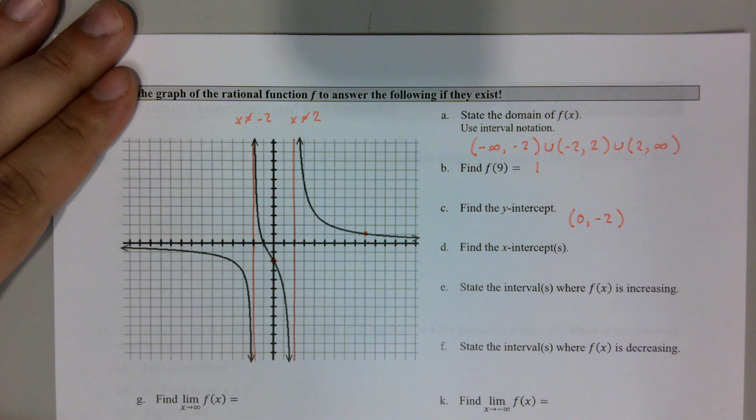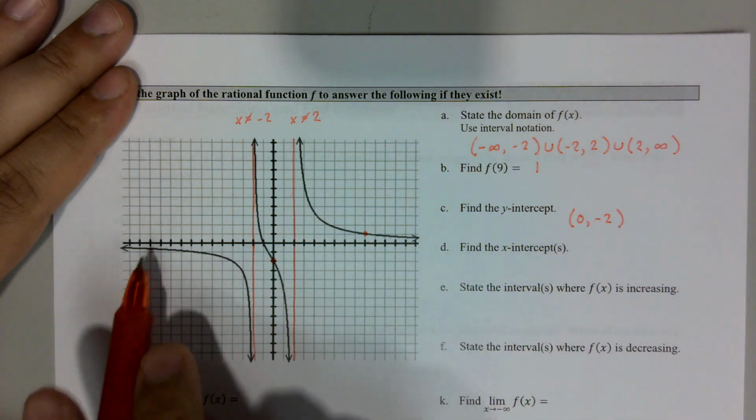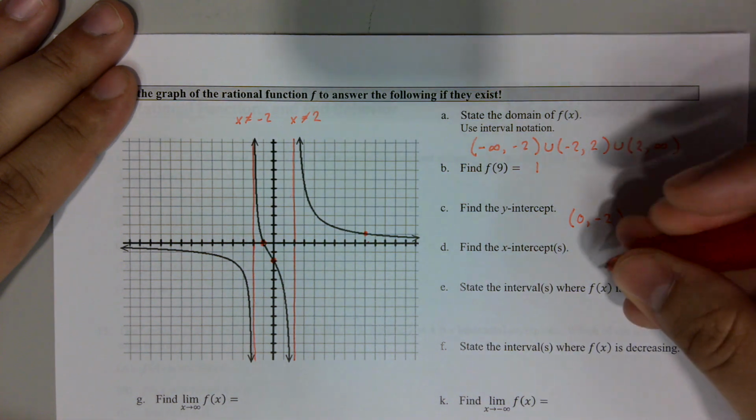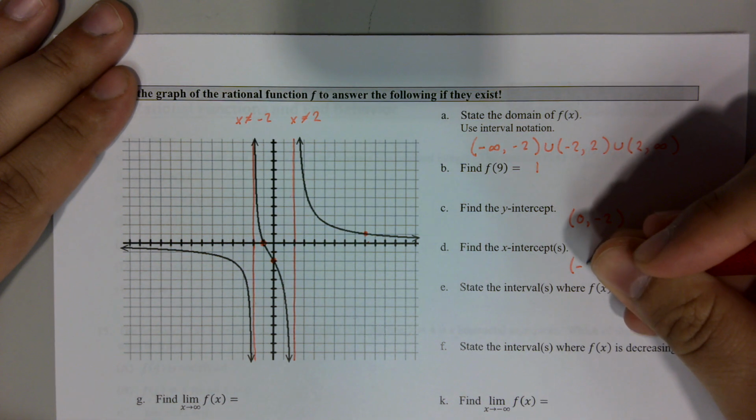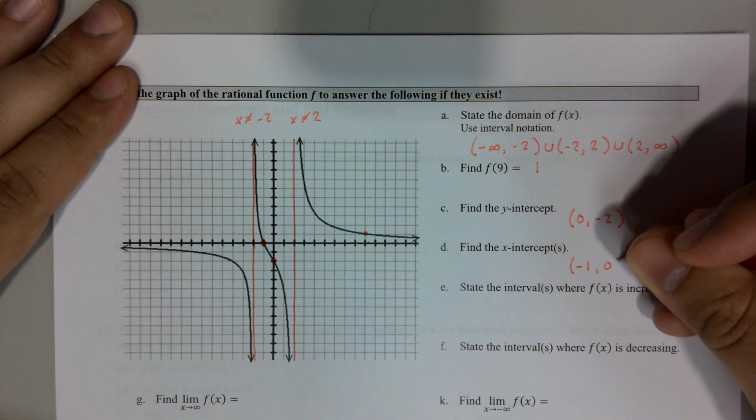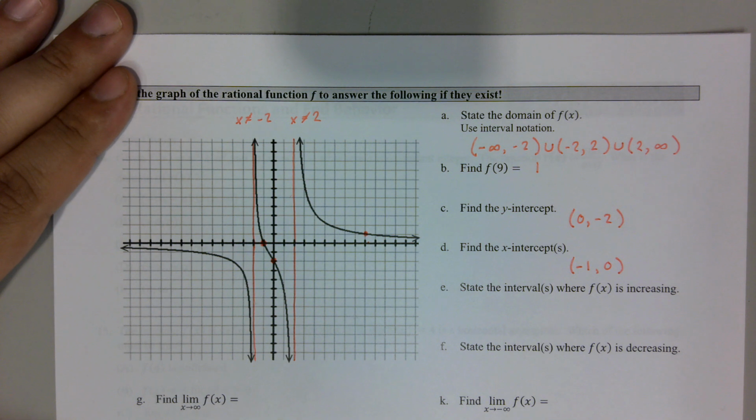What about the x-intercept? This is just where our function touches the x-axis. The only point that that happens is right here. So we would say this is the point -1 for the x, and for y, this is 0. So this is our x-intercept.